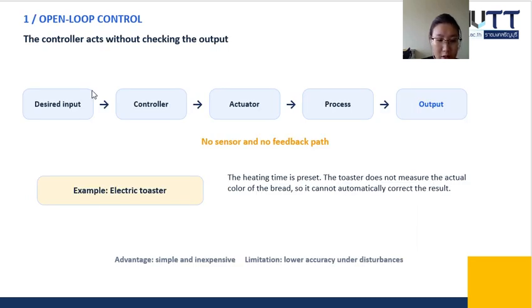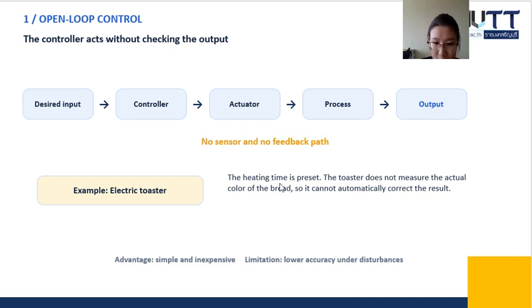First, I will explain the open loop control. The signal passes from the desired input to the controller, actuator, process, and output.